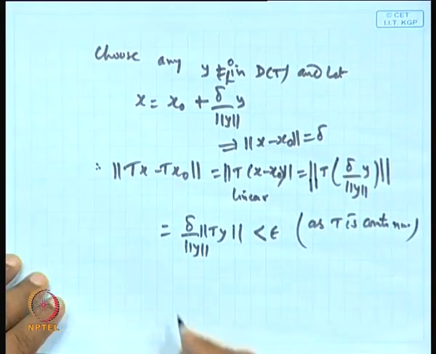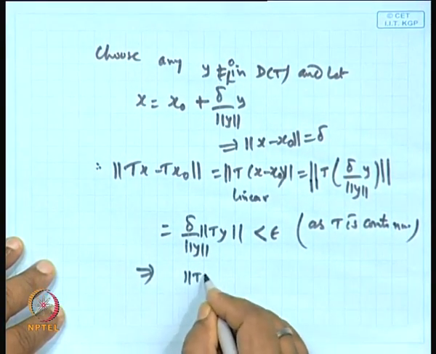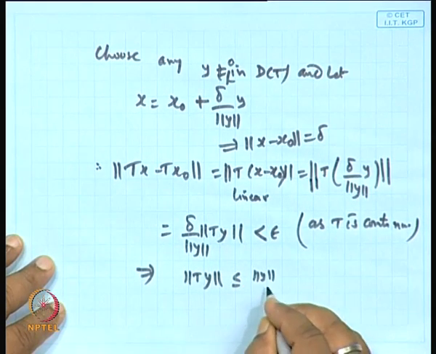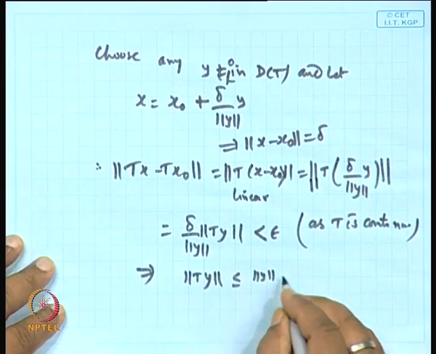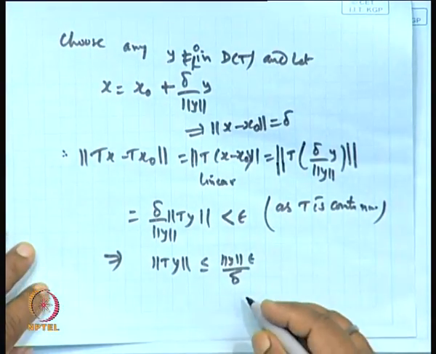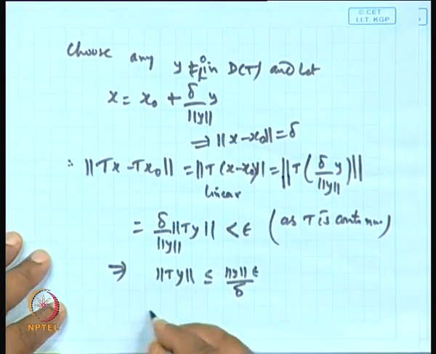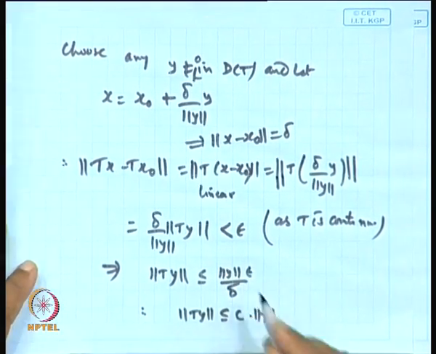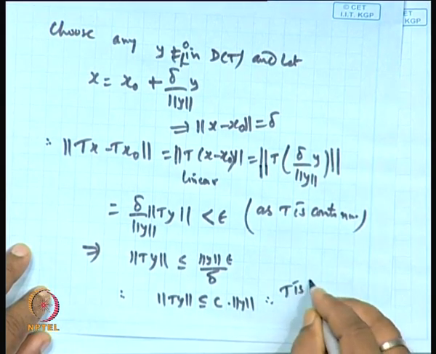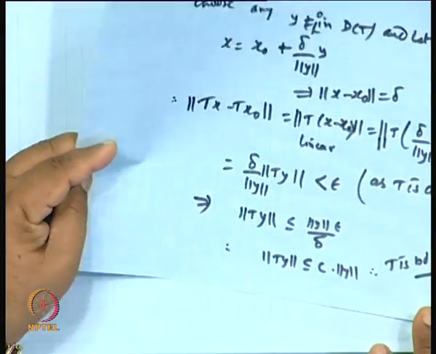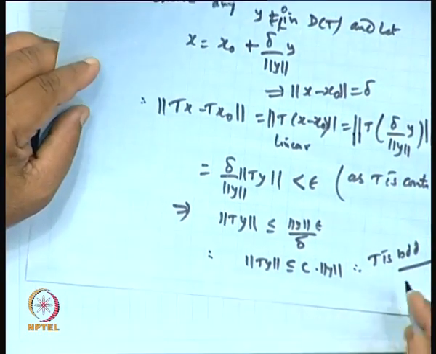From here we get norm of T y is less than or equal to norm of y over delta into epsilon. That is, norm of T y is less than or equal to a constant times norm y, because this is nothing but simply a constant. Therefore, T is bounded. So, this proves the result.